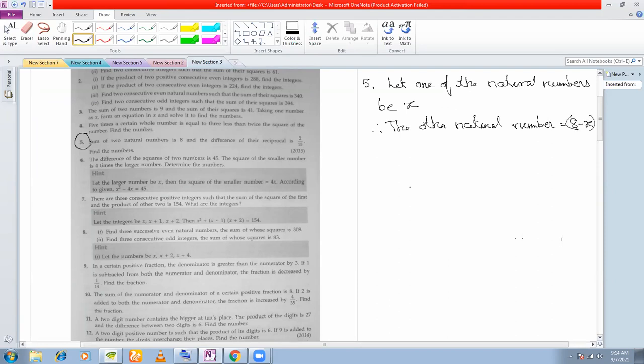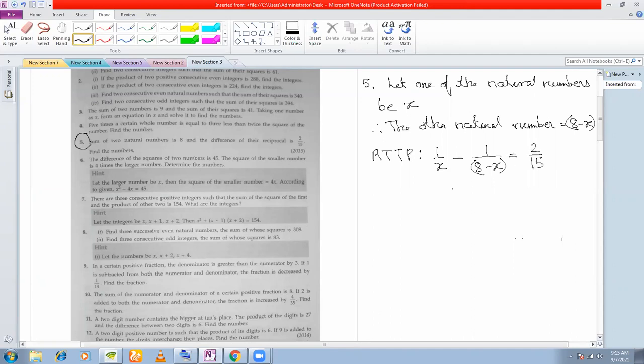Next condition that is given is that the difference of the reciprocals is 2 by 15. So according to the problem, the reciprocal of the first number is 1 by x and the reciprocal of the other number is 1 by 8 minus x. You take the difference, which is 2 by 15.